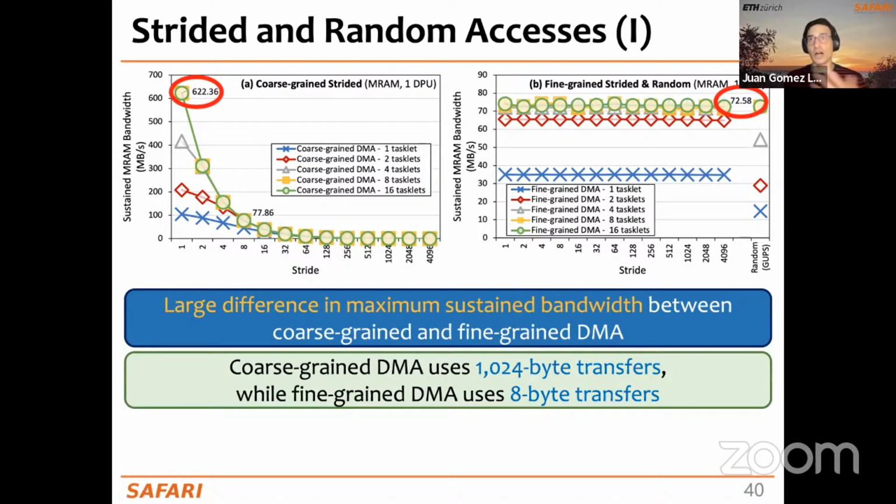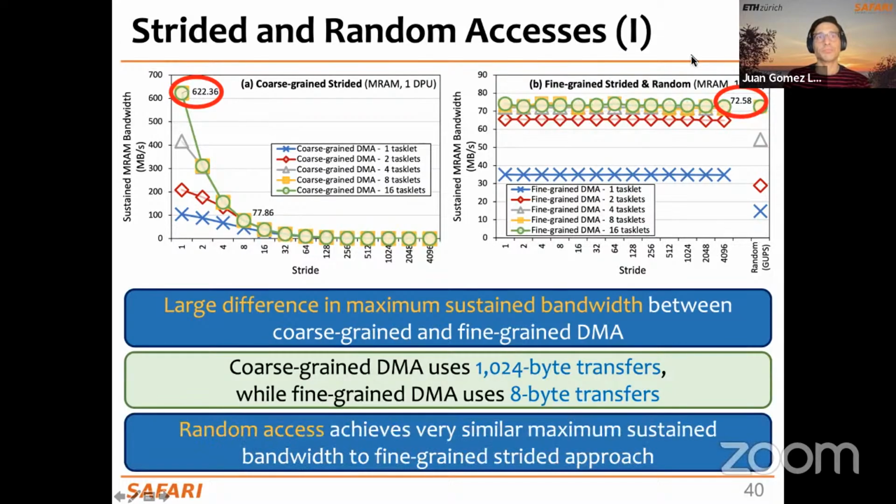And this large difference in the sustained bandwidth is due to the transfers that we are using: either 1024 byte transfers for the coarse-grained strided access, or only 8 byte transfers for the fine-grained DMA access.